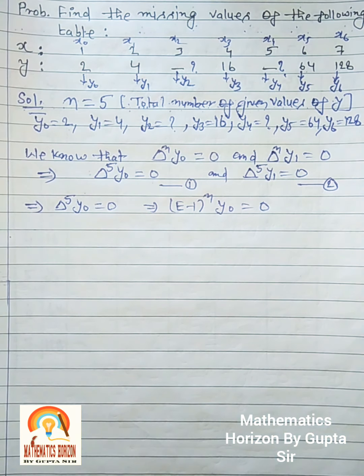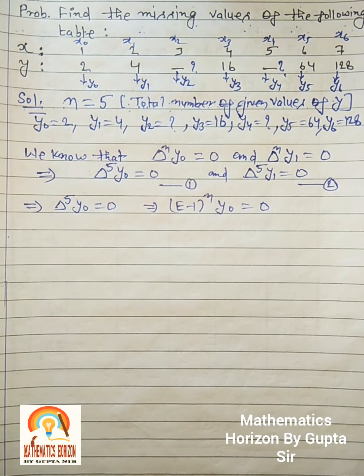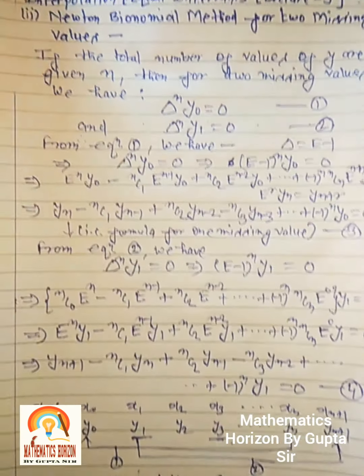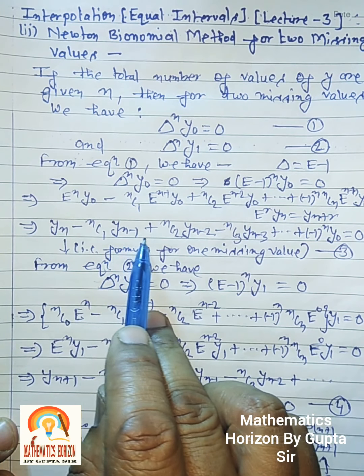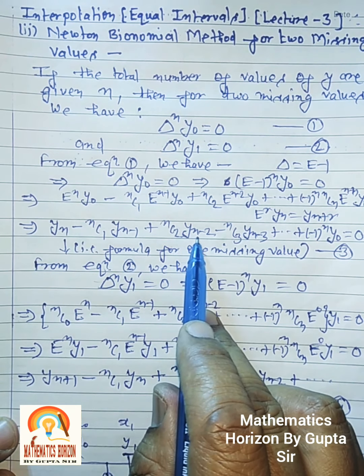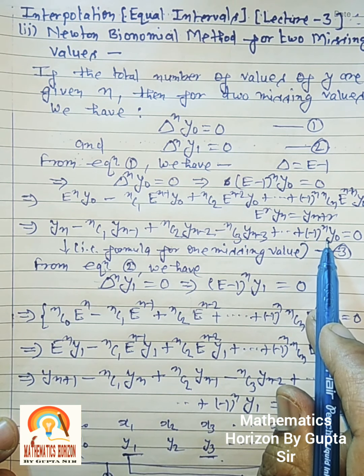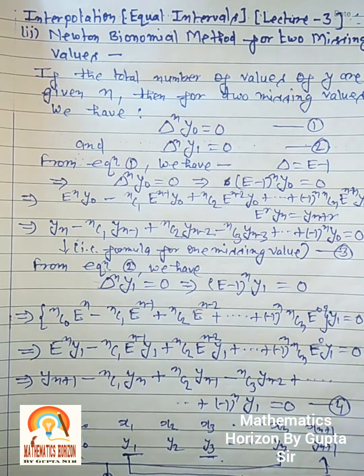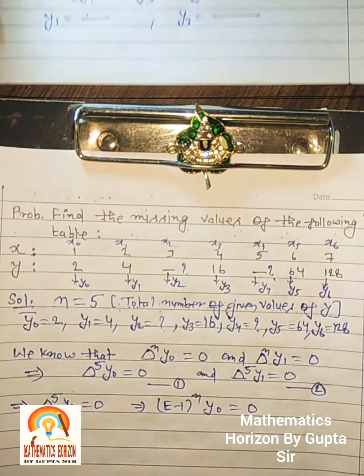When we expand this by using the binomial theorem, we get yn minus nC1 yn minus 1 plus nC2 yn minus 2 minus nC3 yn minus 3, up to minus 1 to the power n y0. Here n equal to 5.